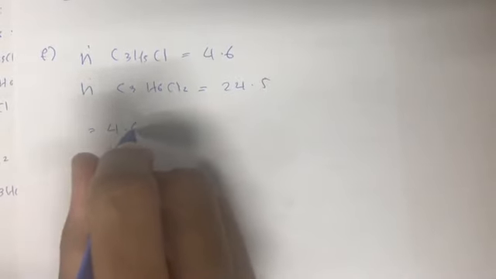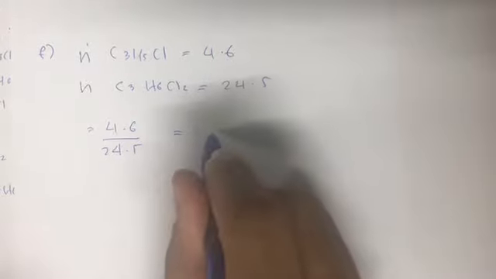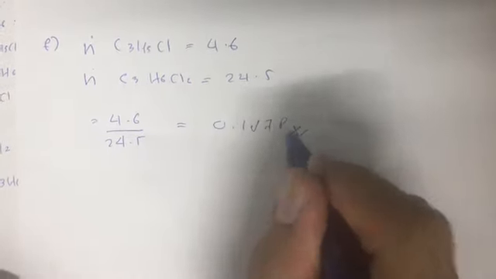So we divide these two values. 4.6 divided by 24.5 is equal to 0.1878.